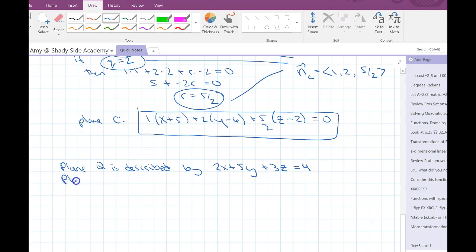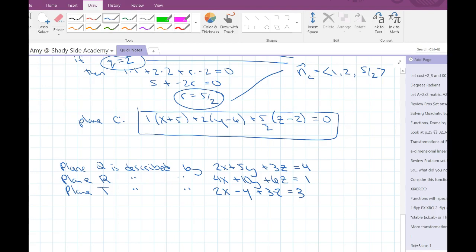And plane R is described by 4x plus 10y plus 6z equals 1, all right? And plane T is described by 2x minus y plus 3z equals 3.